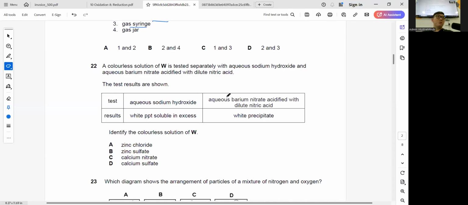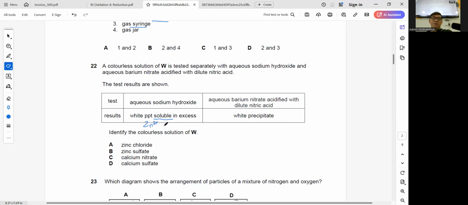What's the answer for 22? Is the white precipitate soluble in excess? The keyword is soluble.